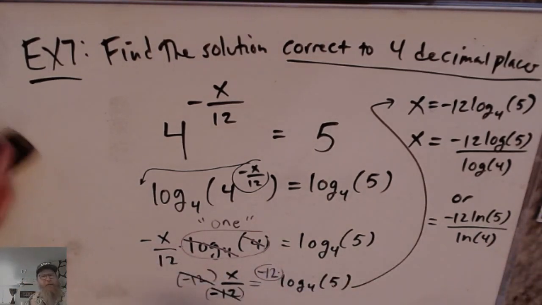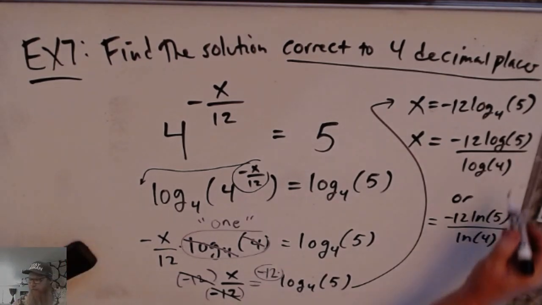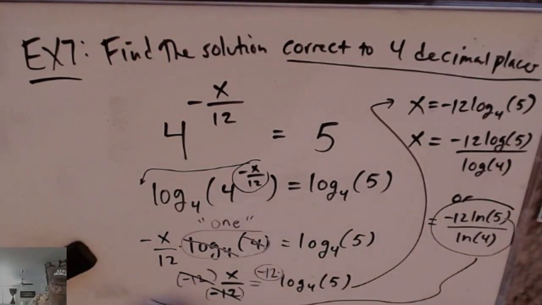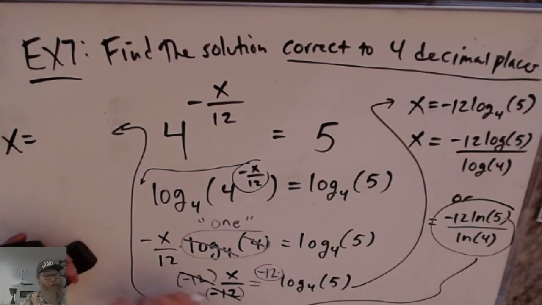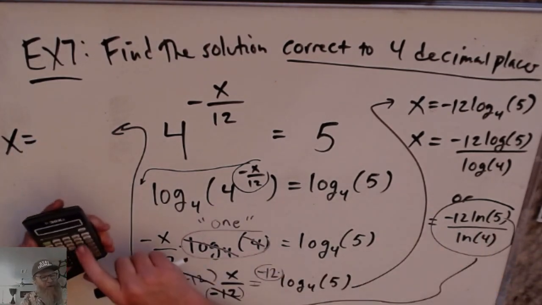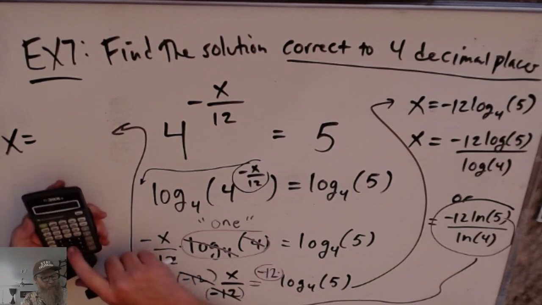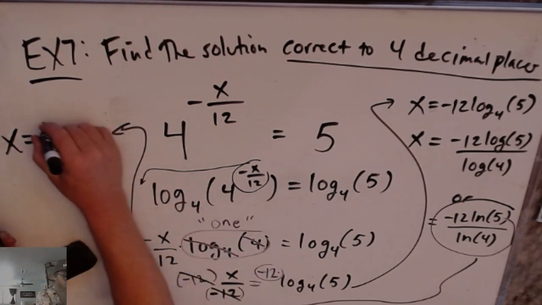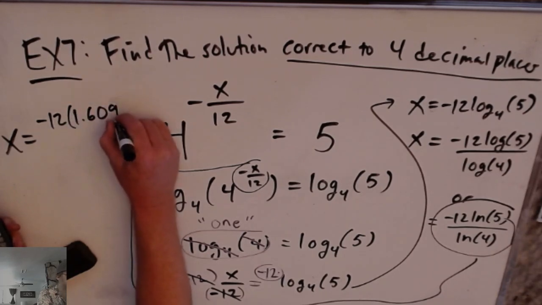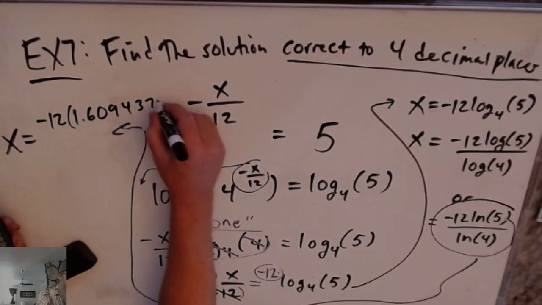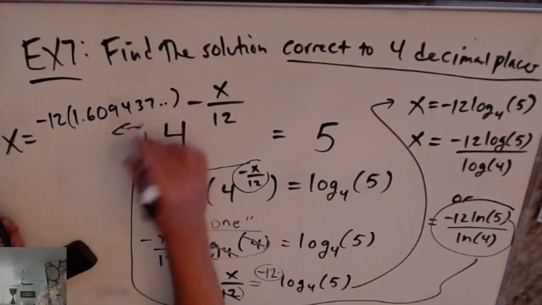Why don't I do my calculation over here? Here, I'll use the ln this time just to show you. So let's see. I start with the ln of 5. So ln of 5 is 1.609437, blah, blah, blah.